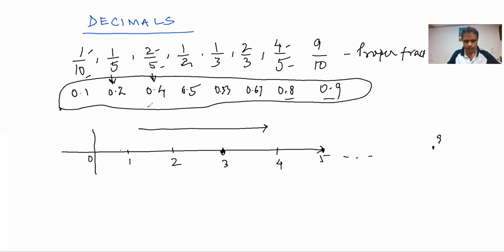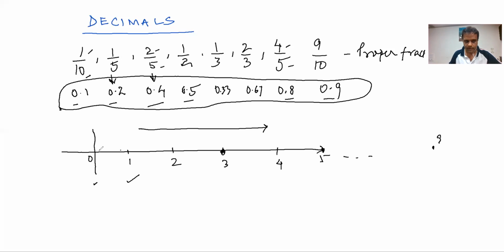Where will 0.8 be, or 0.4? Let me tell you that all the proper fractions where the numerator is smaller than the denominator, you can take any combination, will always start with 0 point something. And all these decimals will always lie between the two numbers 0 and 1.